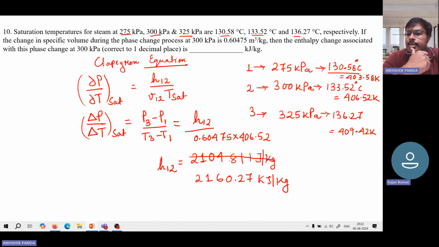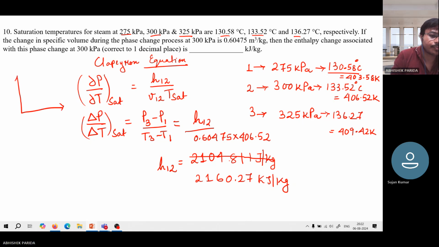That won't work, because this is a P versus T curve. Suppose the curve is like this. Whenever you are calculating, we are actually calculating the slope at this point. So you will take a point a little bit above this and a little bit below this.